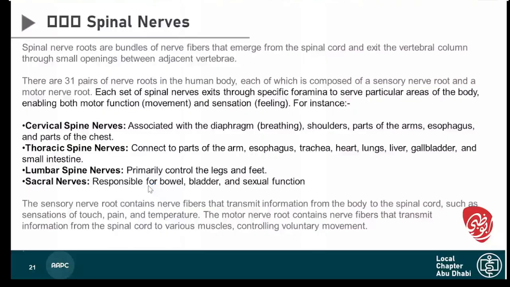What is the difference between sensory nerve and motor nerve? The sensory nerve helps in the sensation of touch, pain, temperature, etc. Whereas the motor nerve root contains fibers that transmit information to control the voluntary movement.